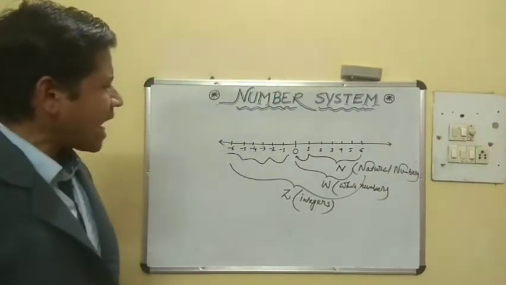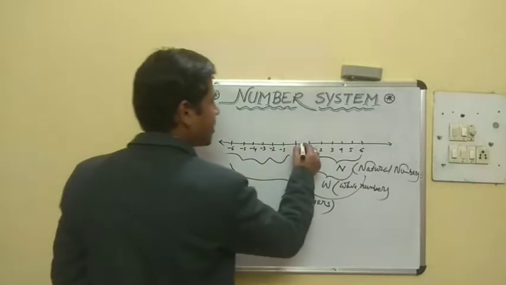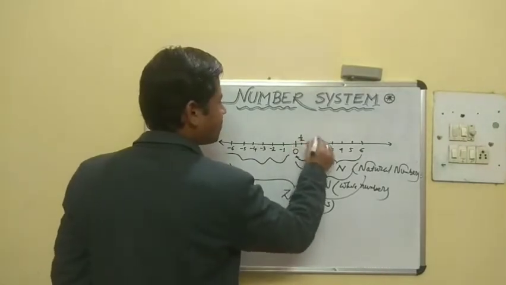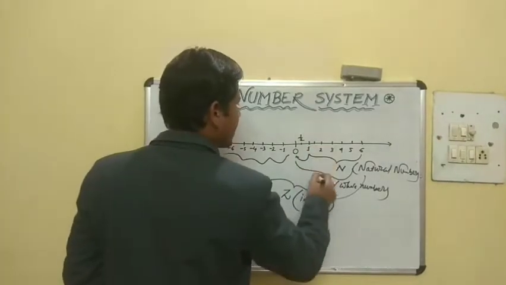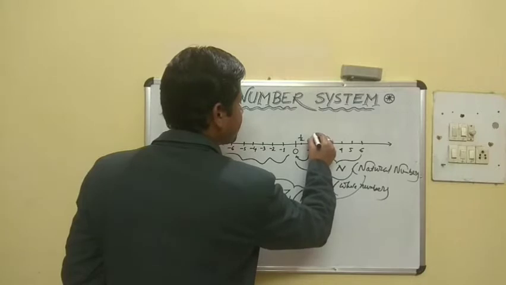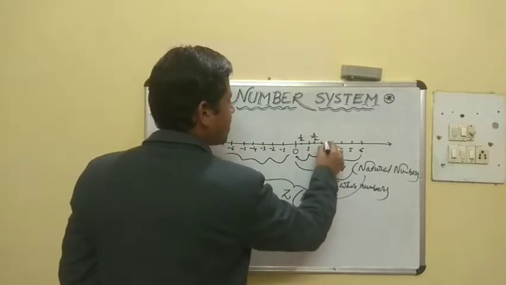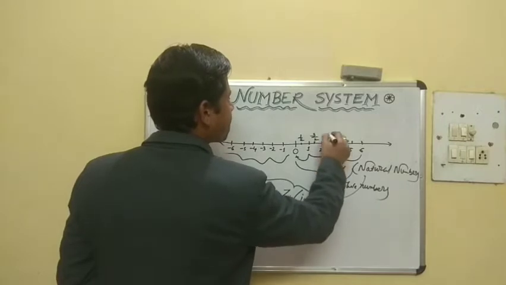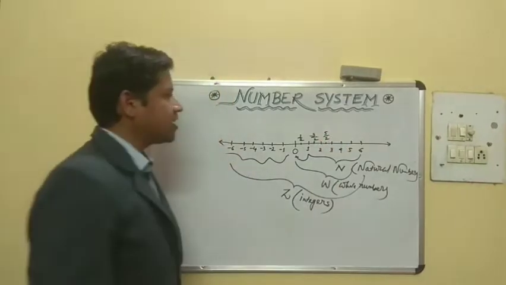Now, apart from these numbers, if we put here halves, it may be 3 by 2, it may be 5 upon 2, such numbers.